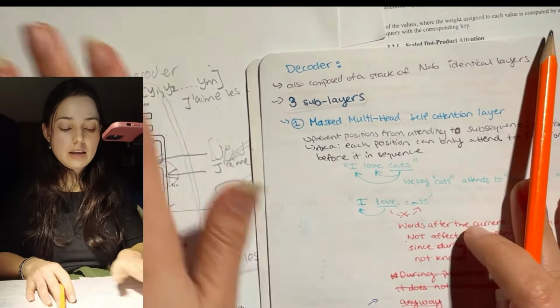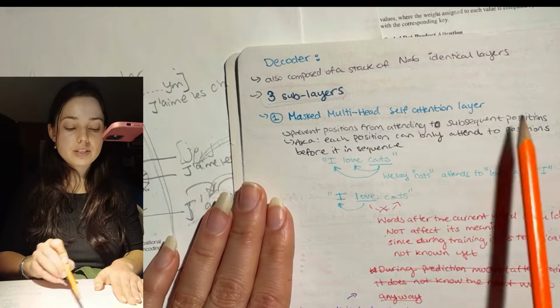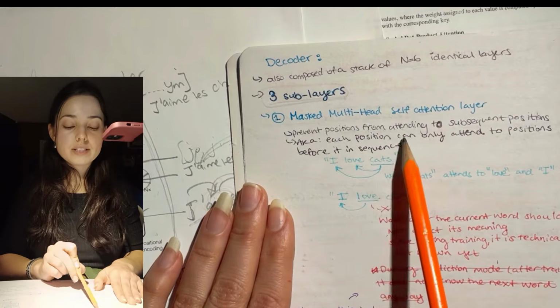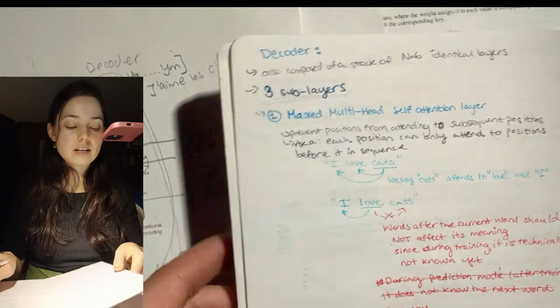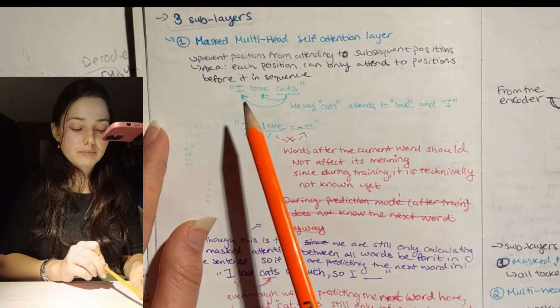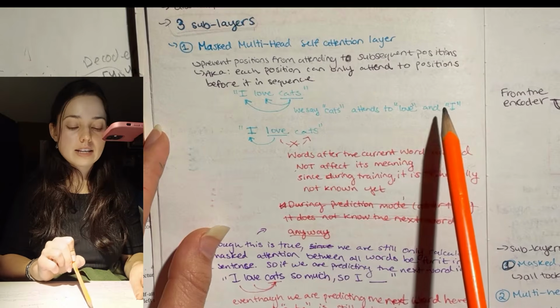Okay. This prevents positions from attending to subsequent positions, aka each position can only attend to positions before it in the sentence. So I drew this kind of picture here. I love cats. We say cats attends to I and love.